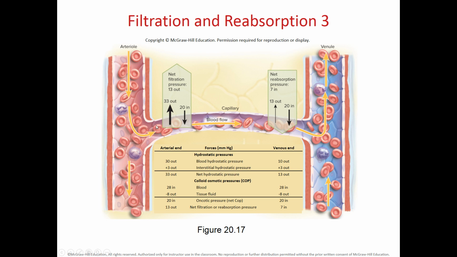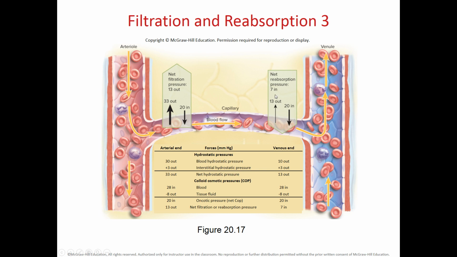And then as you move from the arterial end into the venous end, you will have less water within your capillaries. So you increase the concentration or density of your proteins. So your osmotic pressure or oncotic pressure is going to be greater, 20, than the hydrostatic pressure, 13.